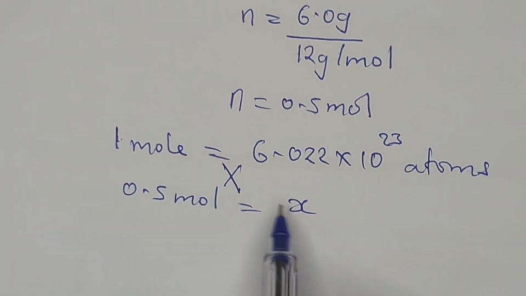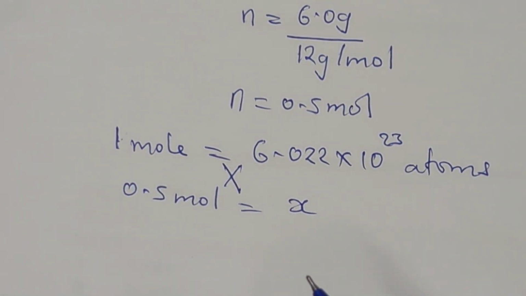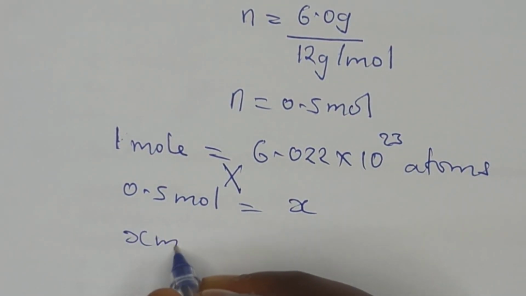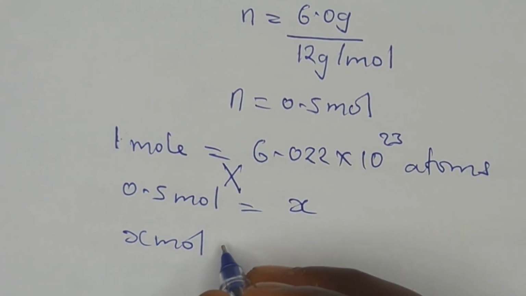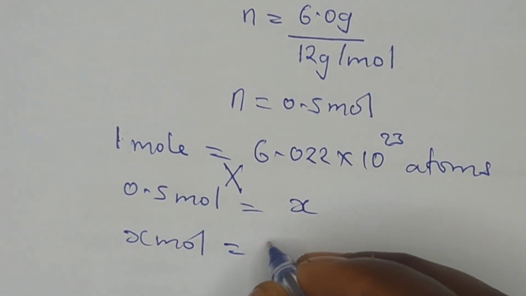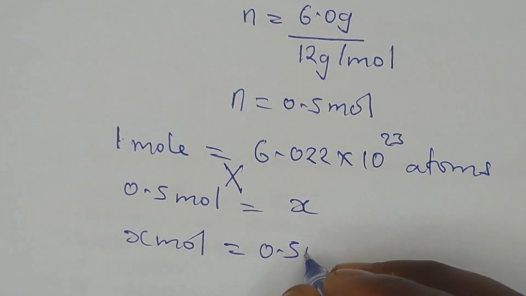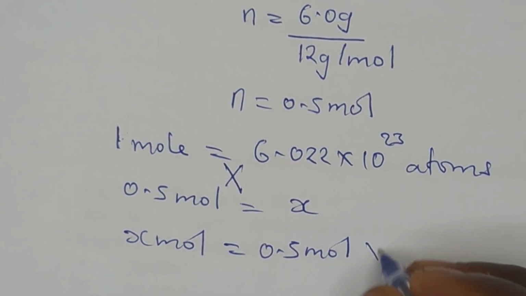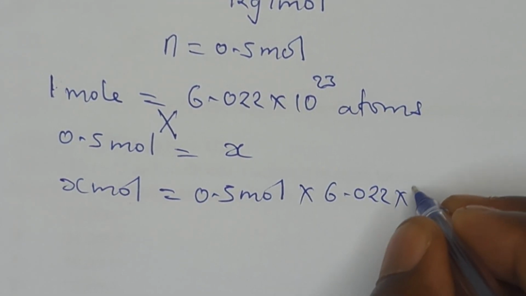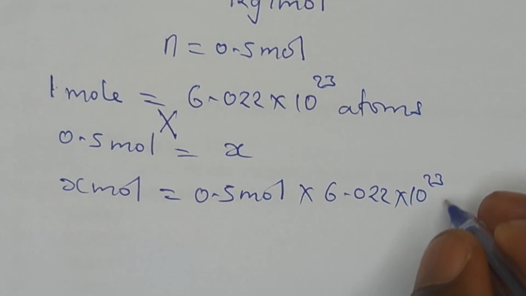This multiplied by that, we are going to get X mole, which is equal to 0.5 mole multiplied by 6.022 times 10 to the power 23 atoms.